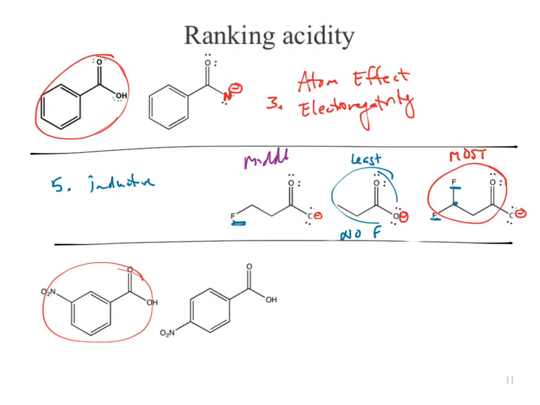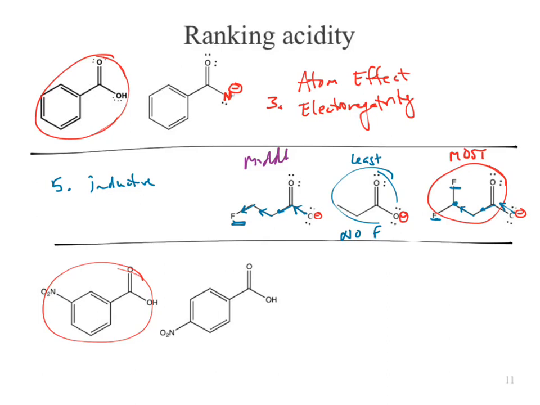So it's going to steal electrons from that carbon, which will steal them from the next carbon, which will steal them from the next carbon, which will then cause those electrons to be drawn into the structure, making that more stable. Okay? The same thing would happen with the one on the middle, right? We get that inductive effect all the way through. Okay? So the one that we've got marked as least makes sense because it doesn't have any inductive effect drawing the electrons in. That's going to be the least stable structure.